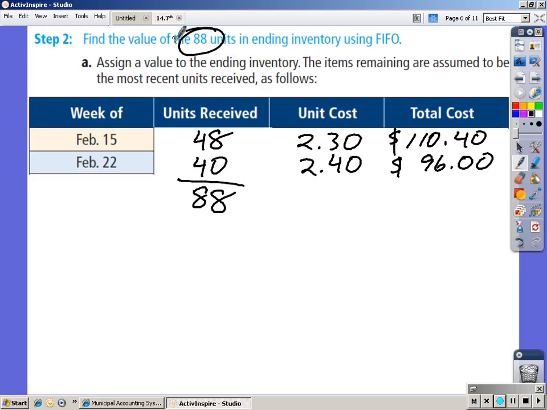We came up with 88. The value of those units in ending inventory is 96 plus 110.40, which works out to be $206.40. Okay? That is the value of my ending inventory.